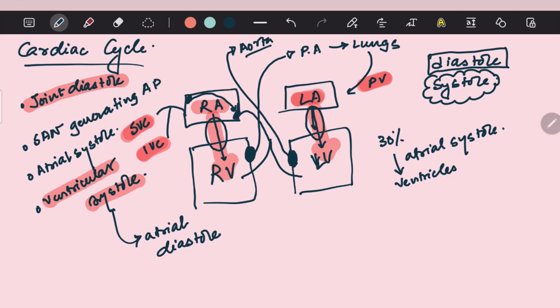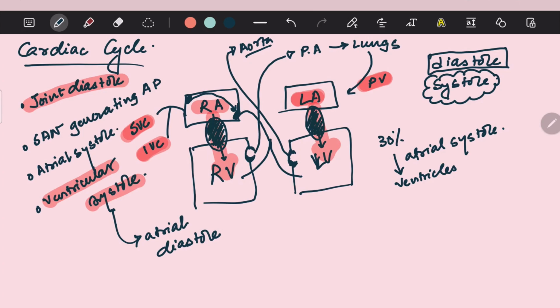Now, ventricular systole increases the ventricular pressure. As a result, the tricuspid and the bicuspid valves are closed. Simultaneously, the semilunar valves open, and as a result, blood flows from the right ventricle to the pulmonary artery and then to the lungs, and from the left ventricle to the aorta and to the rest of the body.